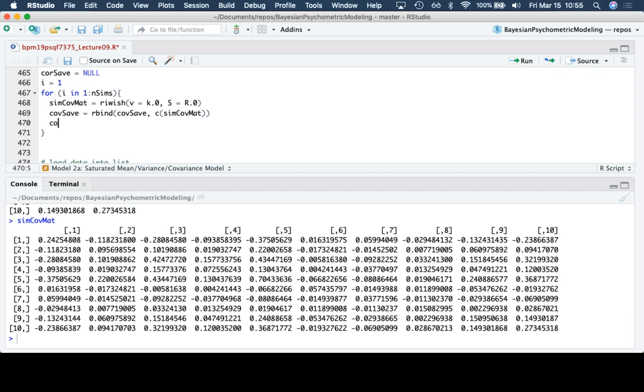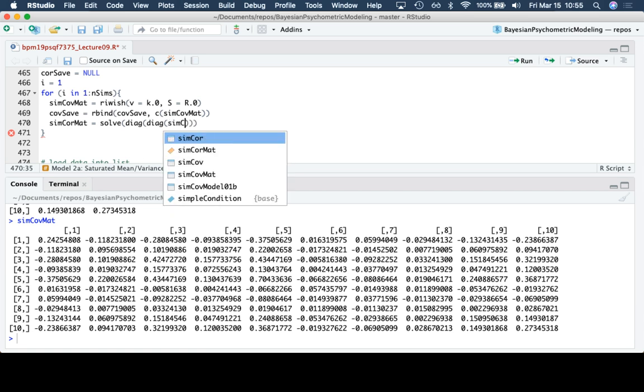The other thing I want to do is create a correlation matrix out of the covariance matrix. So if I did solve diag sim covmat.